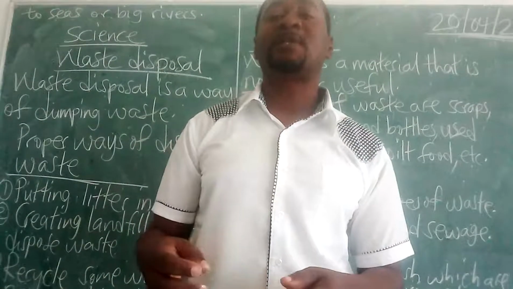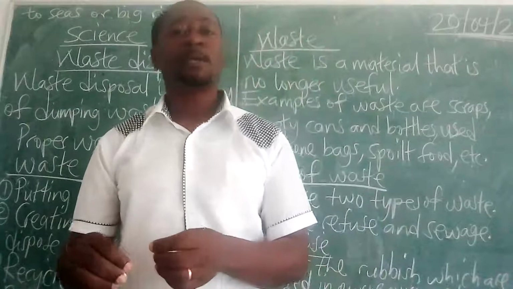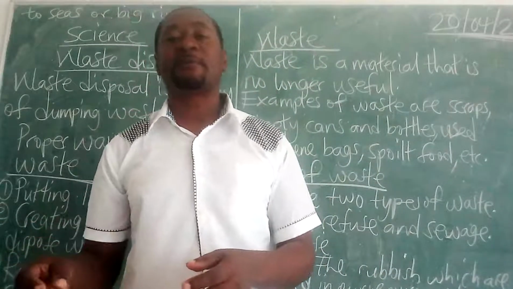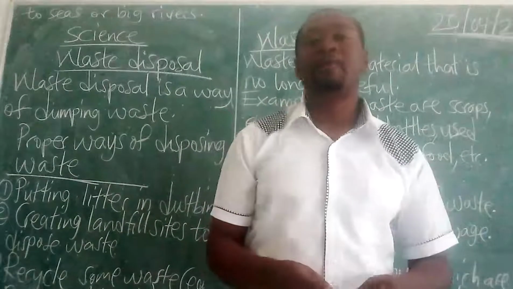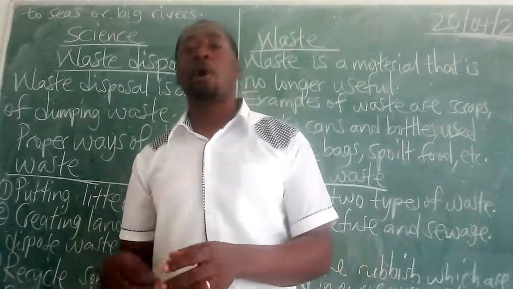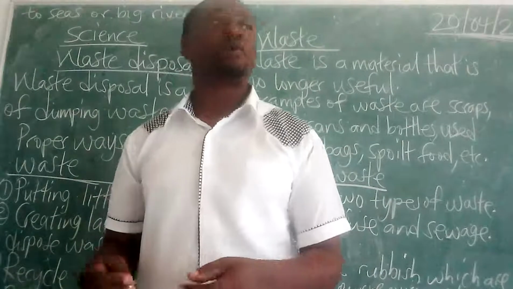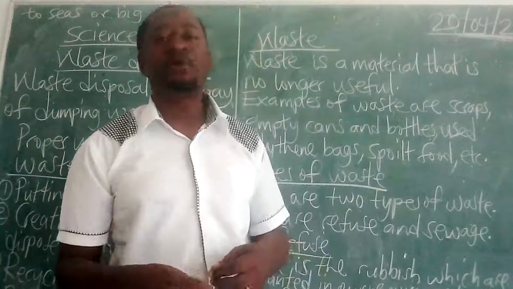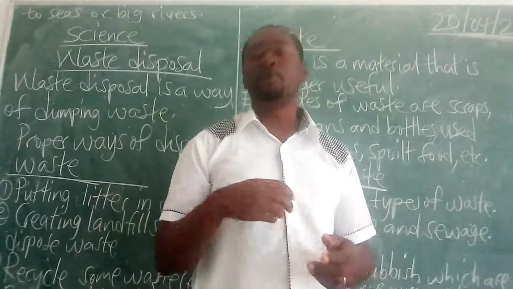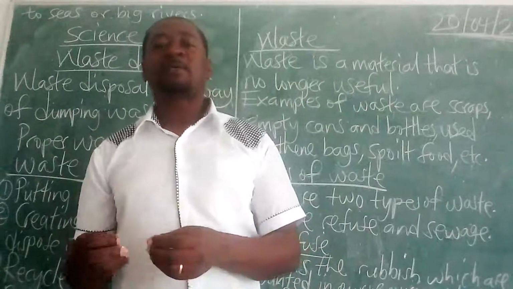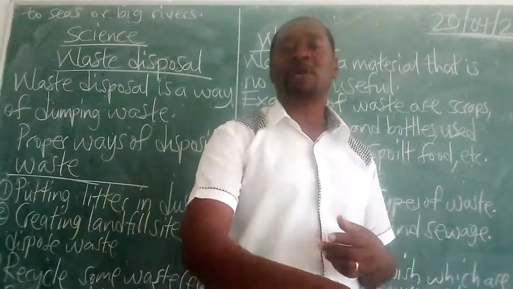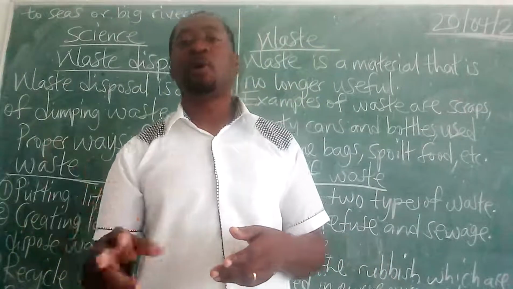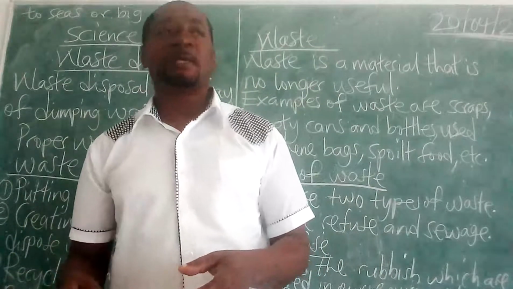There are some houses where tunnels have been connected from their bathroom to maybe the sea or any big river, so that if you ease yourself or urinate, those products will pass through that tunnel into the sea or into big rivers.